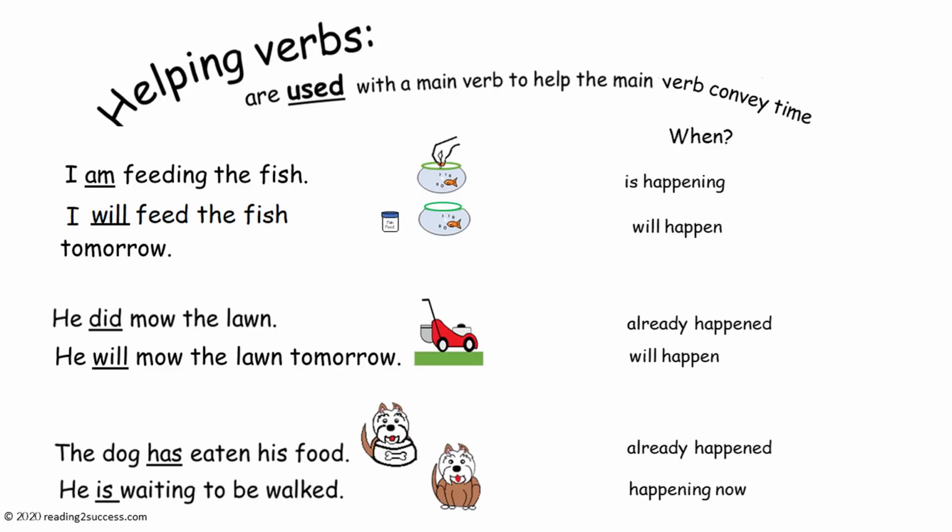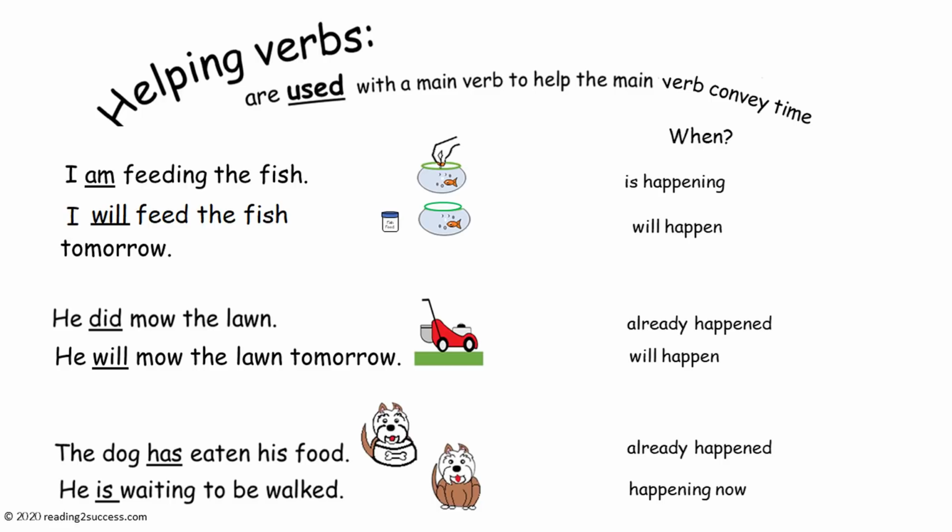When we look at the lawnmower, the first sentence says, he did mow the lawn. Did is the helping verb for the main verb mow. He did mow. That means it already happened. And our second one is he will mow the lawn tomorrow.